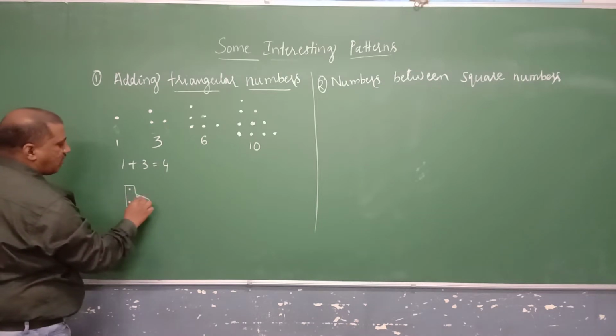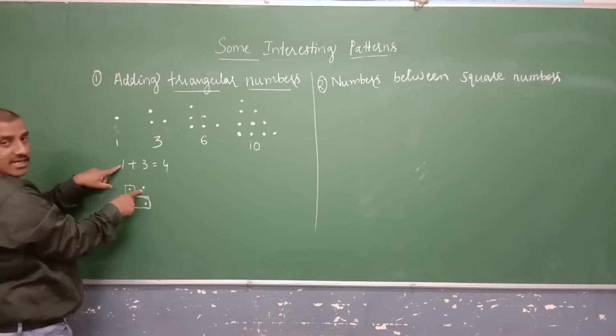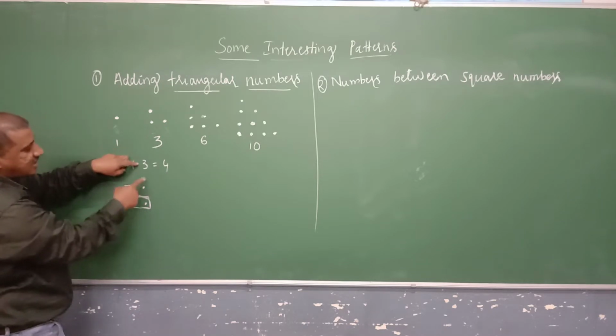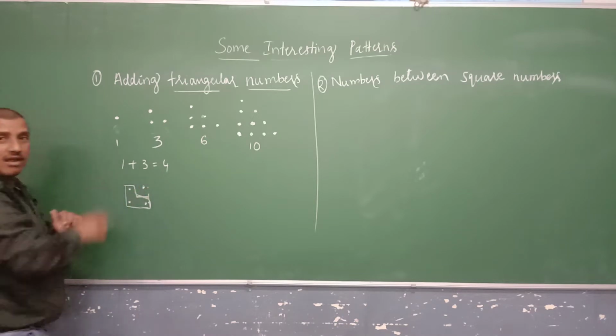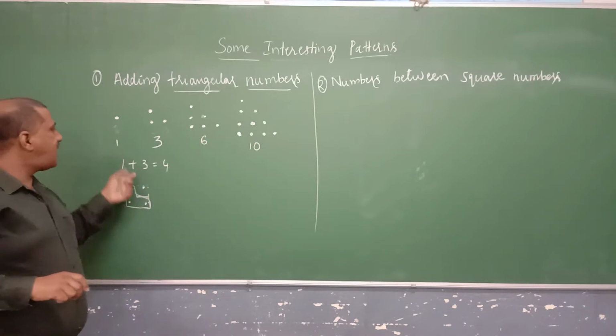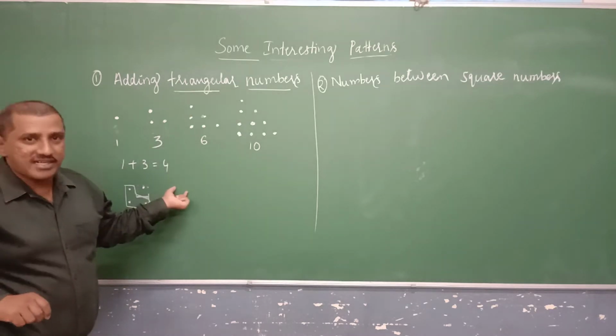This 1 represents 1 dot and these 3 dots represent the number 3. When you add these, you get a square shaped form. That's why by adding two consecutive triangular numbers, we get a perfect square number.